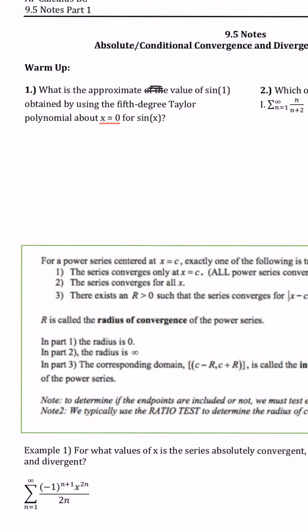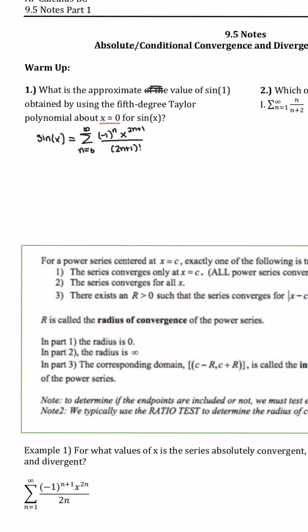One of them was for sine of x. Recall that sine of x is equal to the sum from n equals 0 to infinity of negative 1 to the n, x to the 2n plus 1, all over 2n plus 1 factorial. Therefore, if I want the fifth degree Maclaurin polynomial, I would need to take this out till I get an x to the fifth.